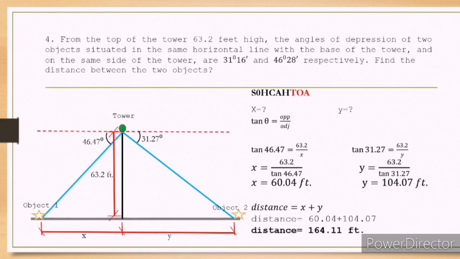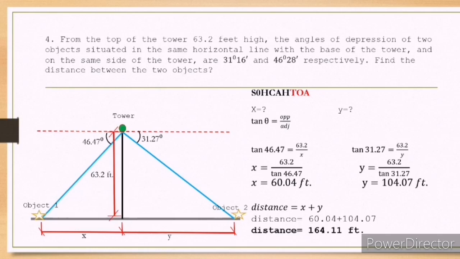Then x is equal to 60.04 feet. Then let us find y. Tan 31.27 is equal to 63.2 over y. Then y is equal to 63.2 over tan 31.27. Then y is equal to 104.07 feet.